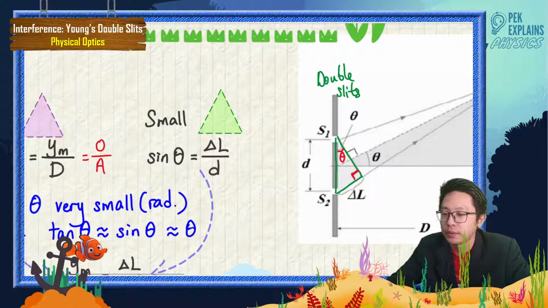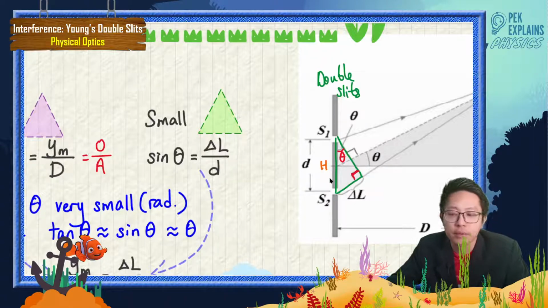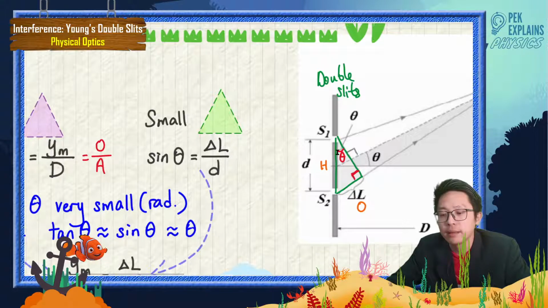This is the hypotenuse, the longest one. And what is the opposite? Opposite to this angle is the delta L over here. And what is the adjacent? This is the adjacent to theta.